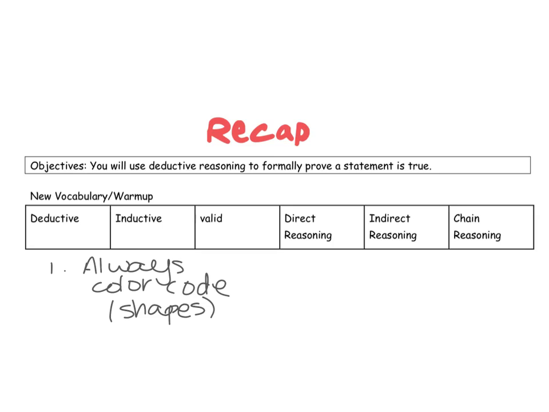So we have deductive reasoning. Deductive takes the form of direct, indirect, or chain. If it doesn't take one of those forms, it is invalid. So the 3 valid forms of deductive reasoning are direct, indirect, and chain reasoning. Anything else is invalid.